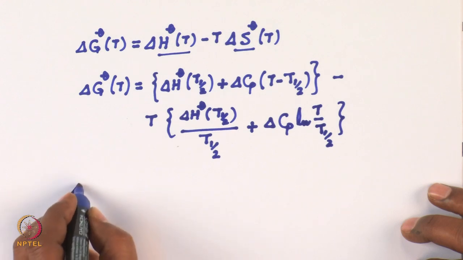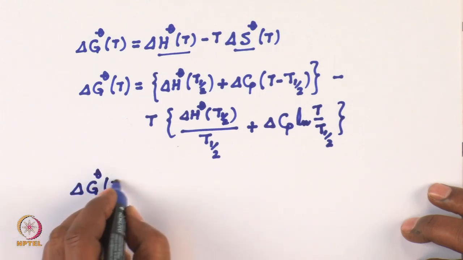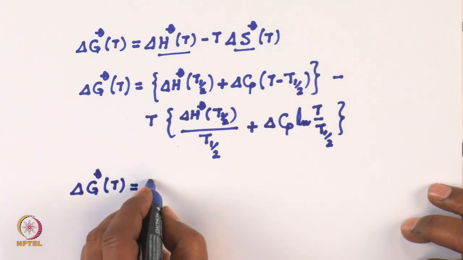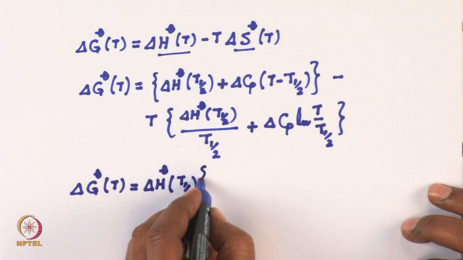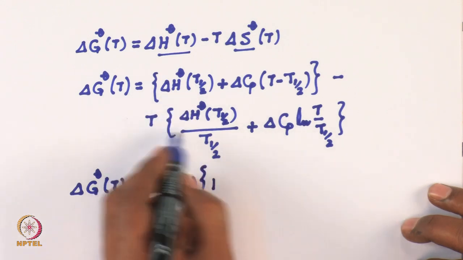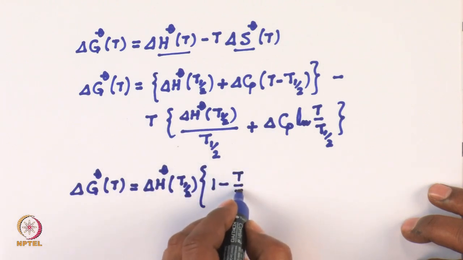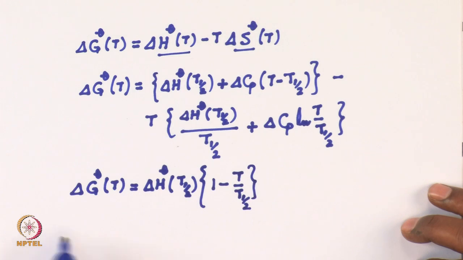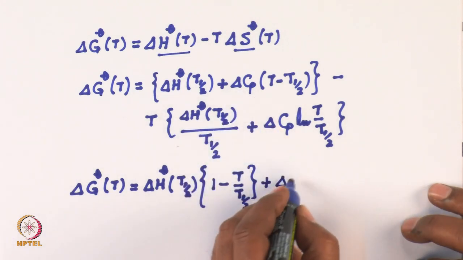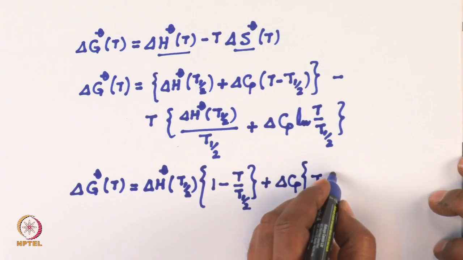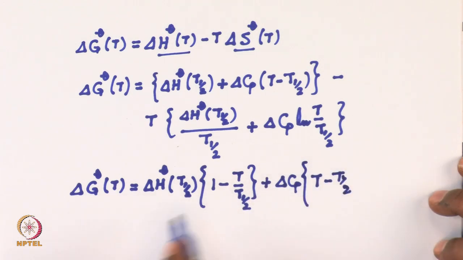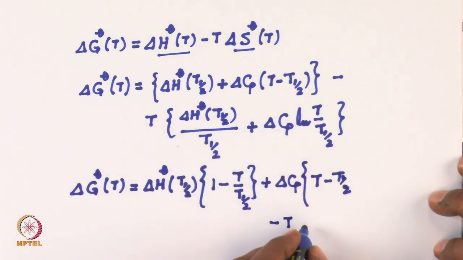Once I solve this, I get delta G naught at any temperature is equal to delta H naught at T half into 1 minus T by T half, plus delta Cp, and inside I have T minus T half minus T into log T by T half.